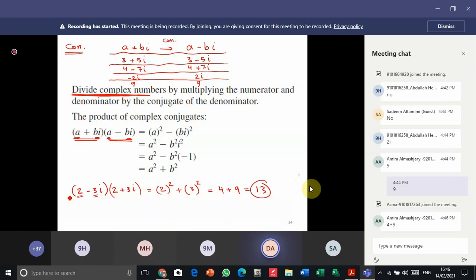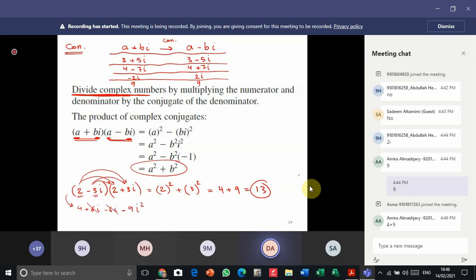Look at this. If we multiply the number and its conjugate in traditional multiplication, without these laws: 2 multiply 2 is 4, 2 multiply 3i is 6i, minus 3 multiply 2 is minus 6i, minus 3 multiply 3i gives minus 9i square.